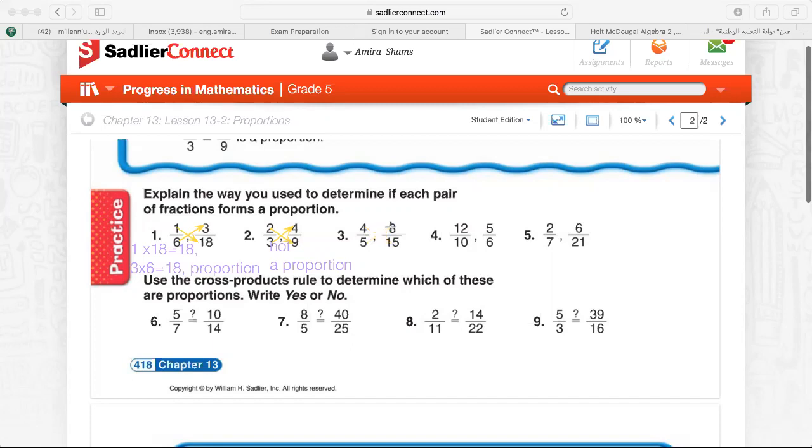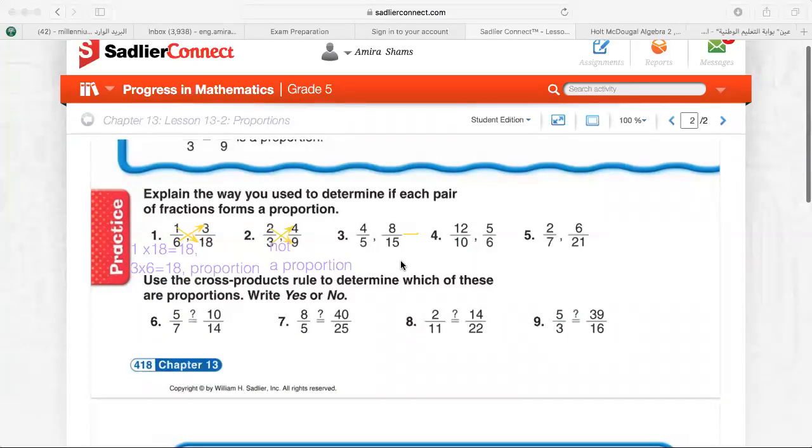Simplifying. 4 and 5 is already simplified, and 8 and 15 too, because 4 and 5 are not both in a multiplication table.